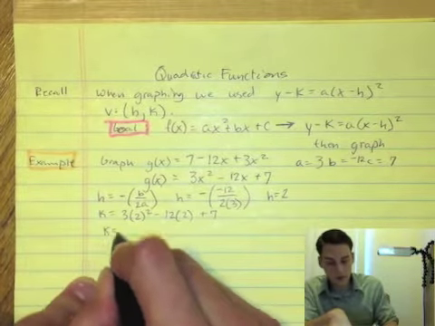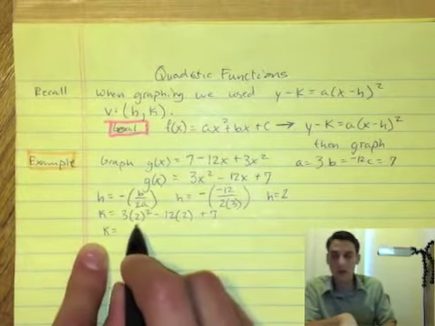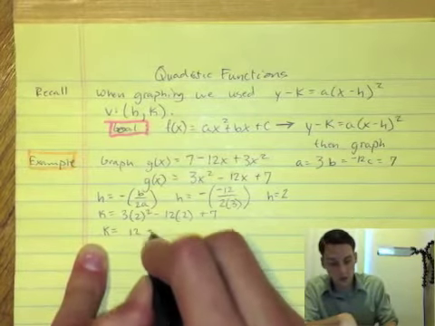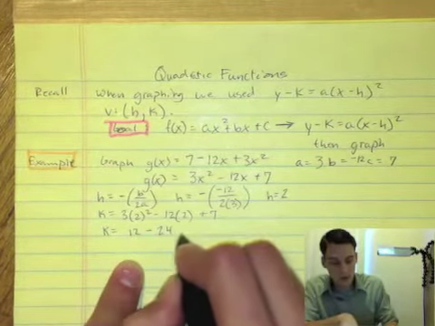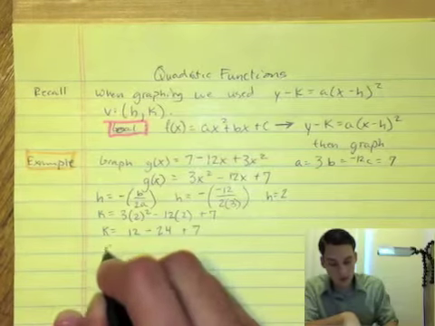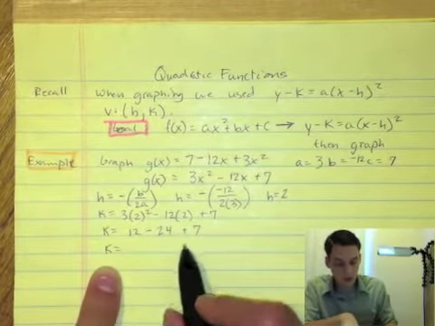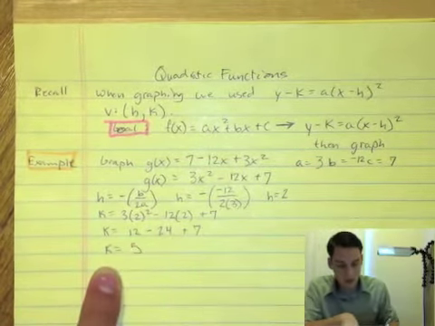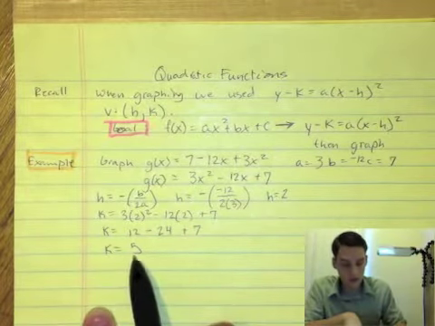And that is, well, 2 times 2 is 4, times 3 is 12, minus 24 plus 7. So k equals 5.